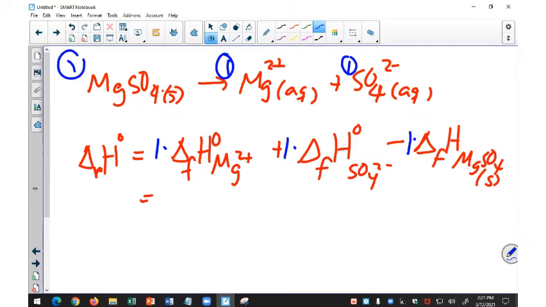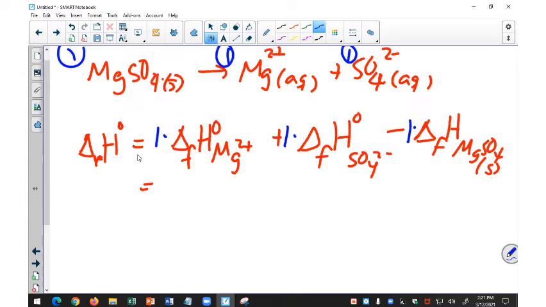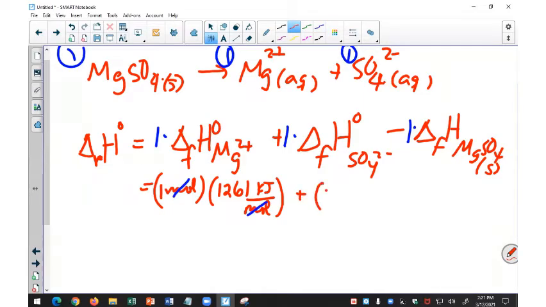Okay. So what are the numbers that we have? Call them out for me. Magnesium sulfate was how much? Negative 1261 kilojoules per mole. So you can see moles cancel out. Plus 1 mole of sulfate. What's the value for sulfate? Minus 909.3 kilojoules per mole.